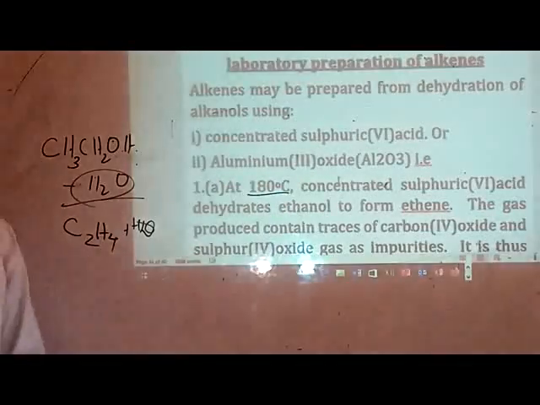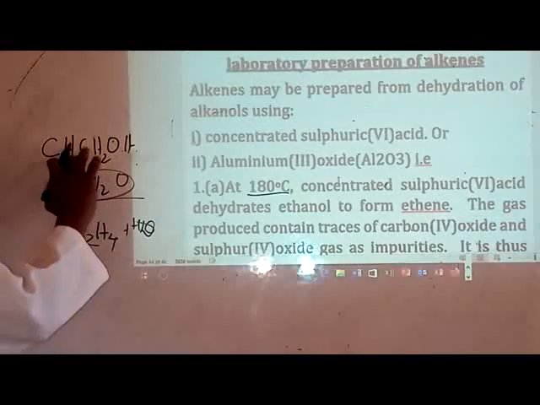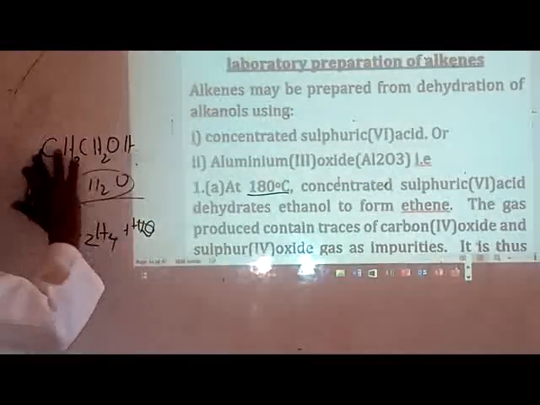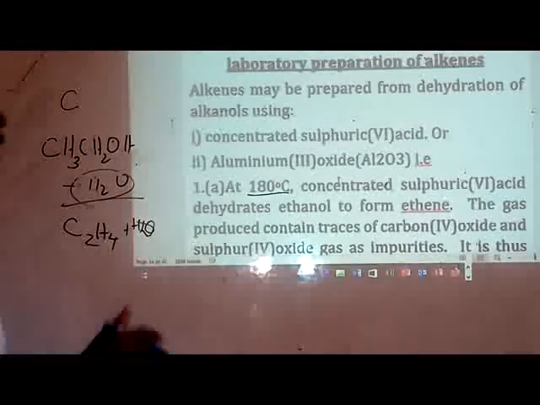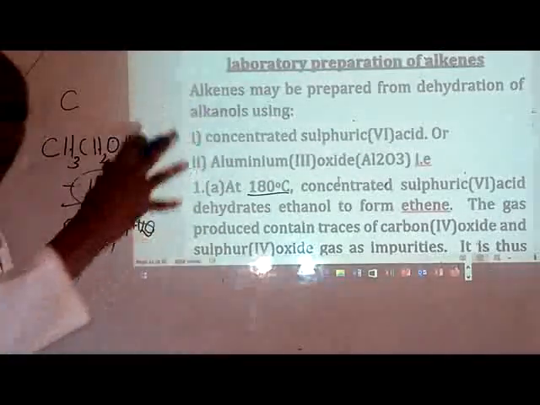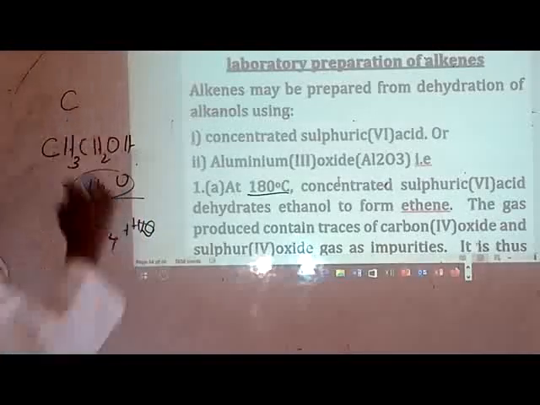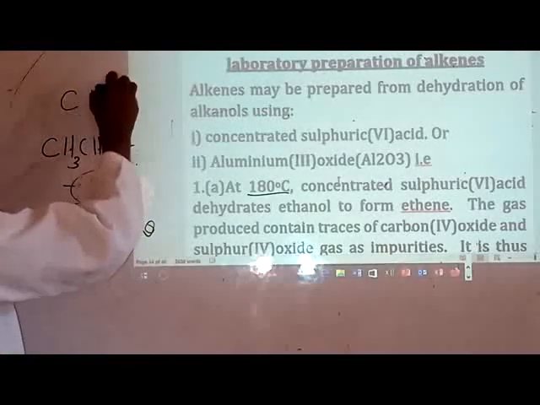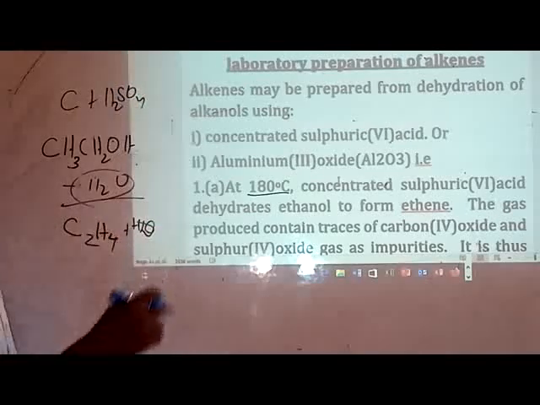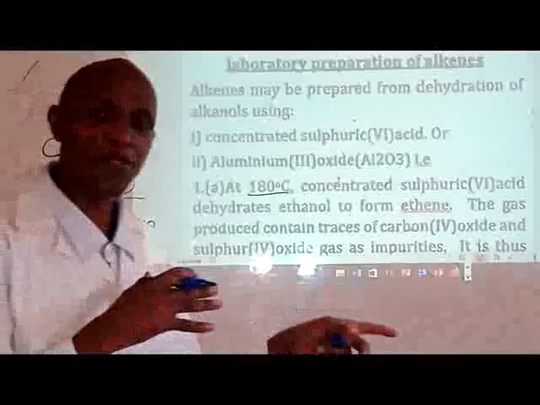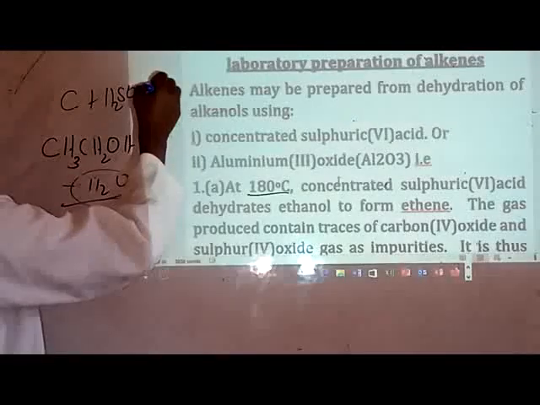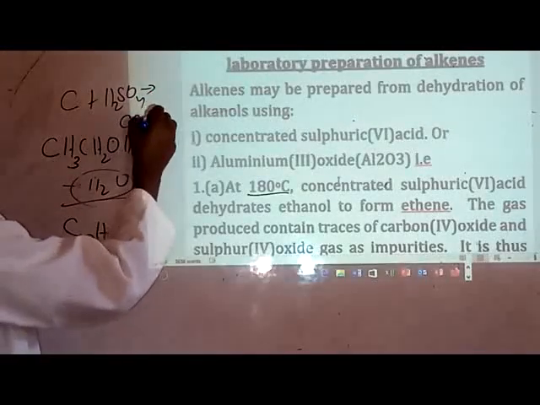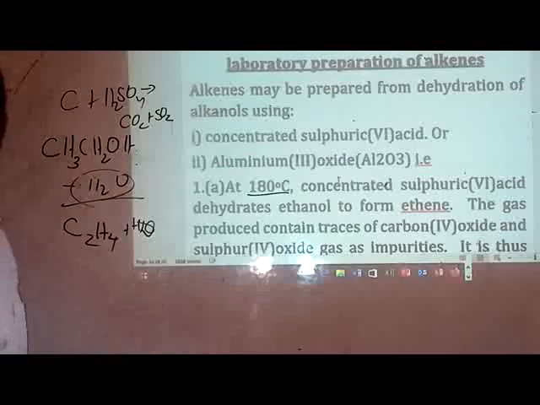Note that in the process, you can dehydrate this alkanol completely to carbon. Sometimes it happens, so that the mixture will turn black in color. When that happens, the carbon can react with sulfuric acid because apart from being a dehydrating agent, it is also an oxidizing agent. So it can react to form carbon dioxide and sulfur dioxide.